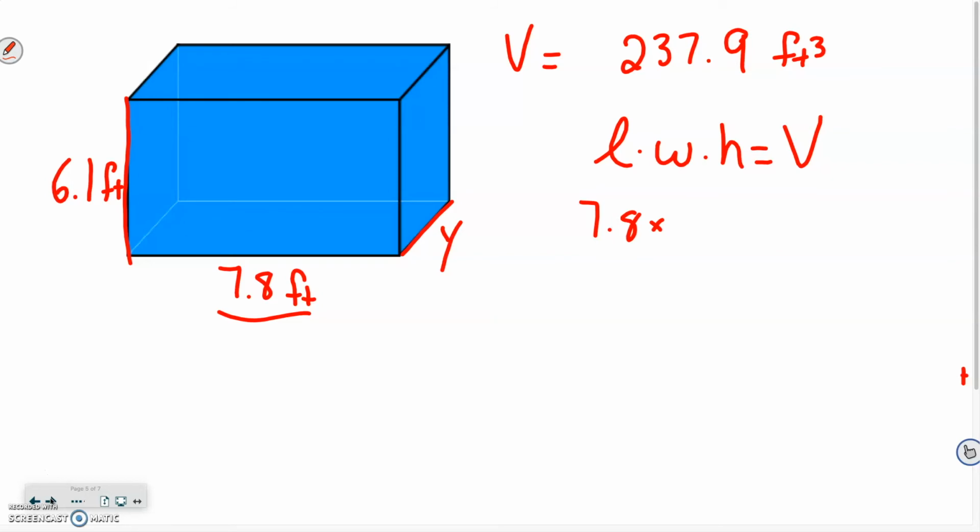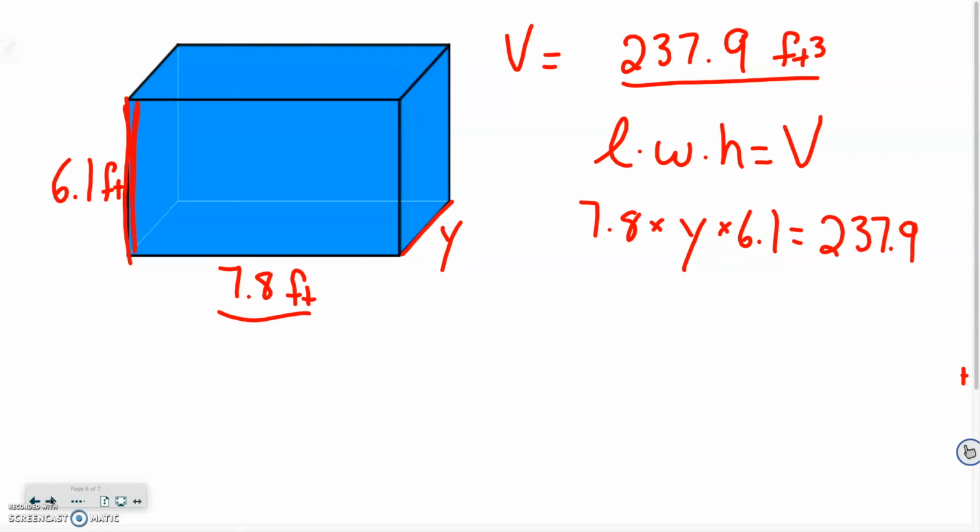We don't know that, so it's times y times the height. The height is this one, how tall it is, 6.1, which equals the volume, this number, 237.9.